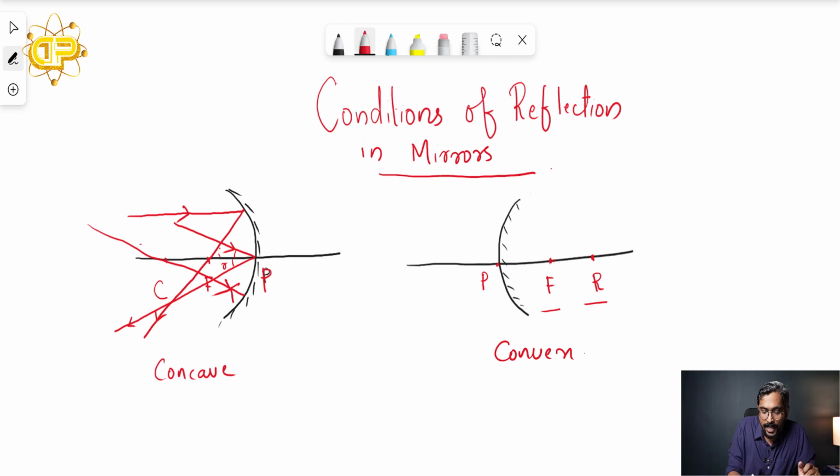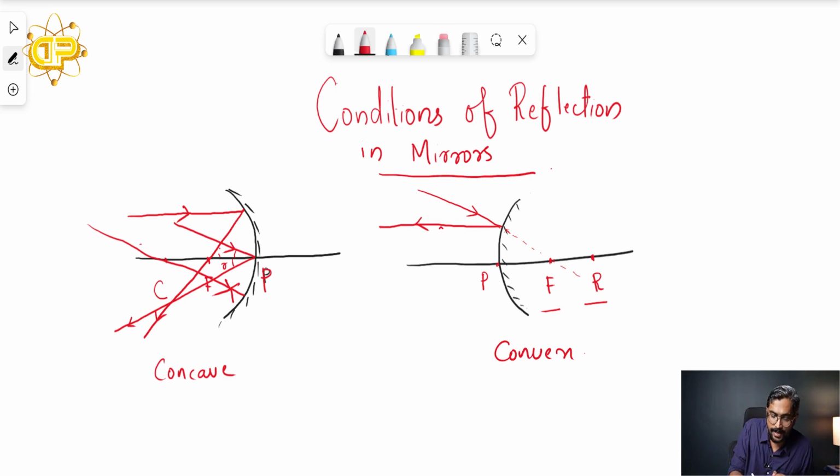If a ray of light is passing through the principal focus, here passing through the principal focus means you should imagine that if the mirror is not there, then definitely it will pass through this point. So we can call it passing through the principal focus. Then after reflection, you can see it will be parallel to the principal axis. This is the first condition.